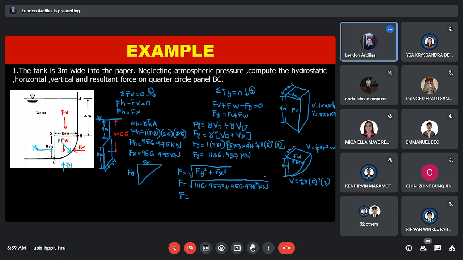Okay, so the value of the hydrostatic force on the curvature gate is equal to 1508.465. So that is the summation of F_x and F_y by Pythagorean theorem.